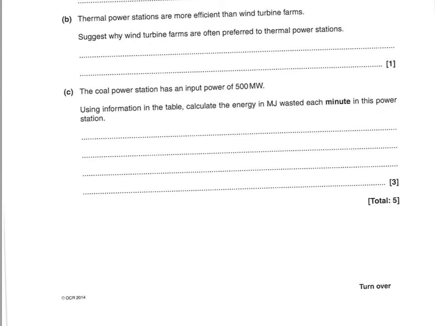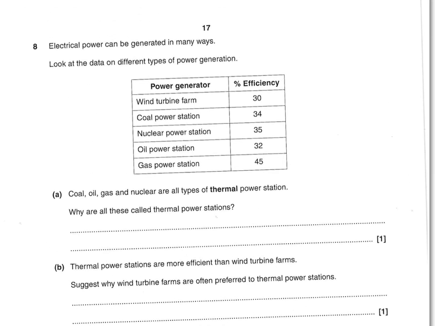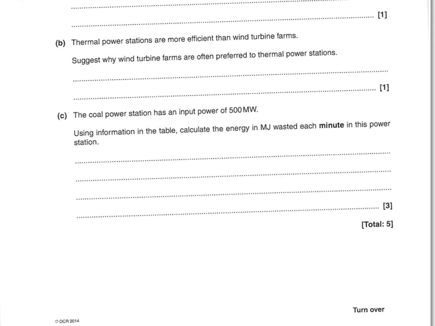So 3 marks here. So the first mark is working out the useful power output. So you can see the coal power station has an efficiency of 34%. So you've got to work out what 34% of 500 is first. So it's 500 times 0.34, and that equals 330 megawatts.